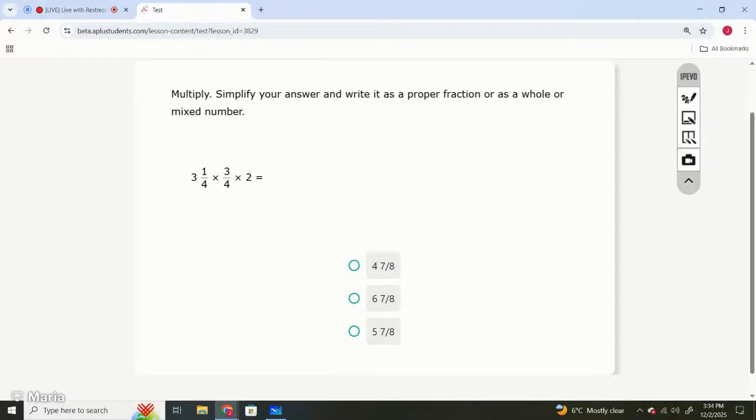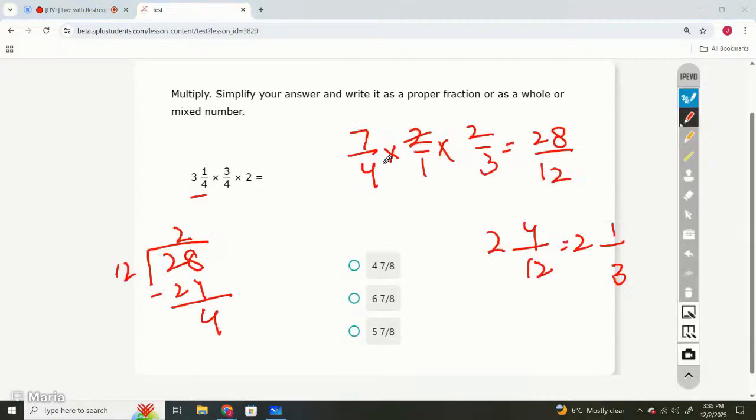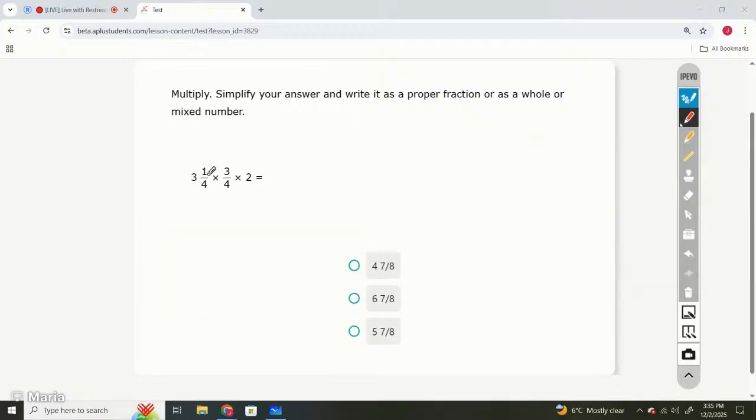3 whole 1 by 4 times 3 by 4 times 2. So 4 times 3 is 12 and 1, 13 by 4 times 3 by 4 times 2 by 1. 3 times 2 is 6. 6 times 13 is 78, over 16.